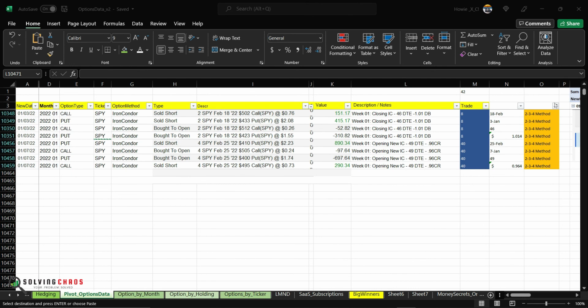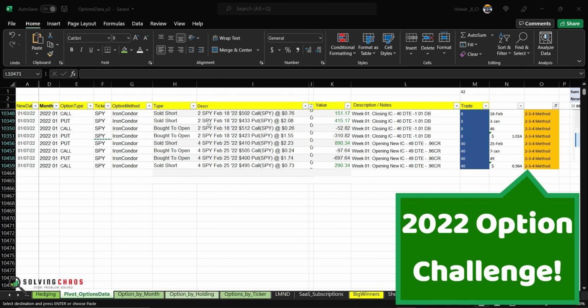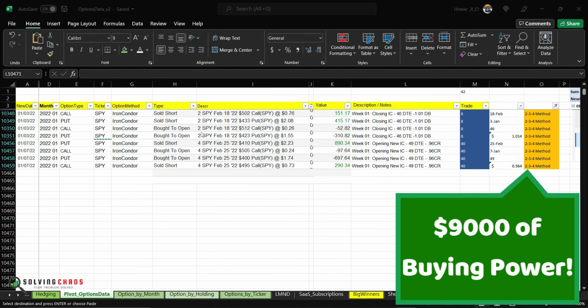I added a filter over here, 234 method. Basically, the challenge is at any given point, I'm only allowed to do a 2 contract SPY Iron Condor, or 3 or 4, at any given point that's live. So if you do the math, that would be no more than $9,000 in portfolio value for SPY.